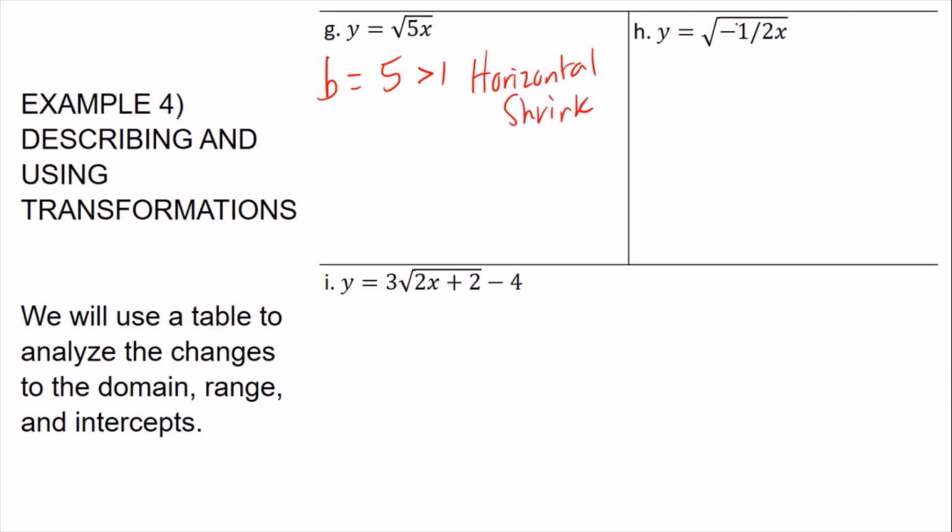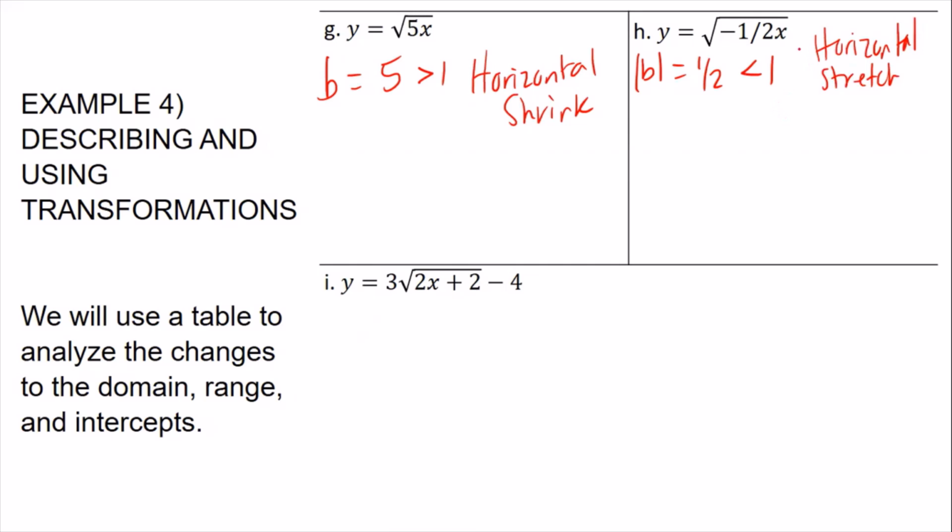With that same token on this side, the absolute value of our b is 1/2. And 1/2 is less than 1. And less than 1 is actually a stretch. X's have to be difficult, I tell you. Okay, now this one also has a negative.